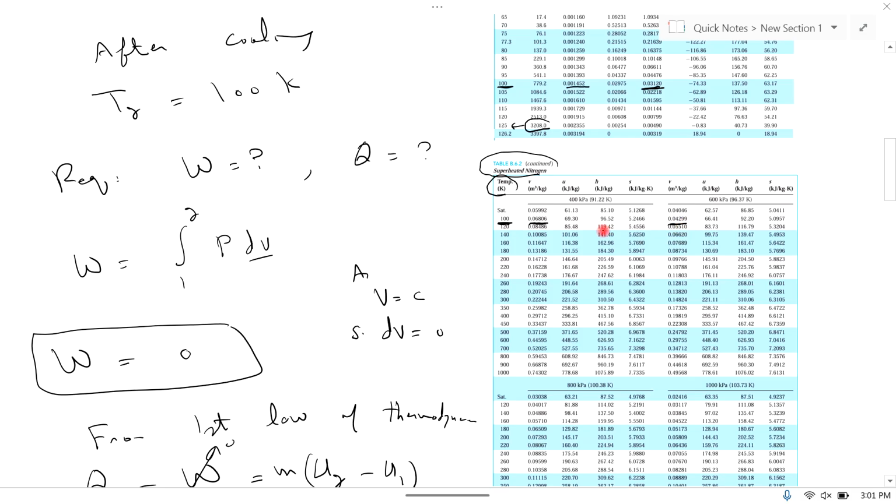So we can do interpolation at 100 Kelvin between these two volumes, and find U2. At 0.06806, internal energy is 69.3, and at 0.04299 internal energy is 66.41. So we will do interpolation between these two.